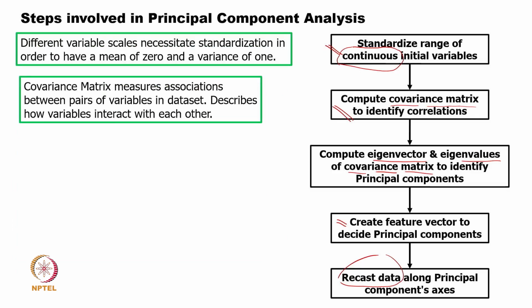In this case, standardization is required because we are going to deal with variables of different scales. And what is our main aim? To make the mean equal to 0 and variance equal to 1. So, if I am dealing with a 1 nanometer scale, 1 mm scale or 1 meter scale, all 3 can be analyzed simultaneously.